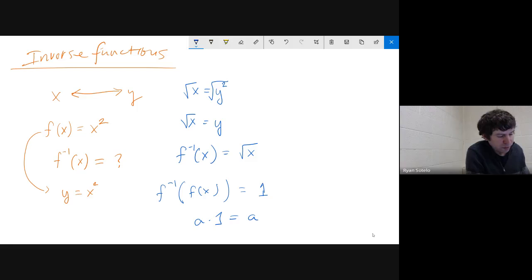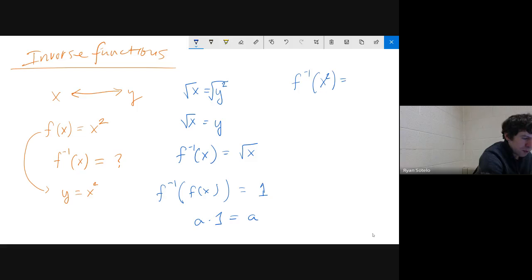So if I perform the inverse function after I perform the function, well, f of x gives me x squared. So then what's the inverse of x squared? After I apply the function, I get x squared. And then when I apply the inverse function, I get the square root of that.